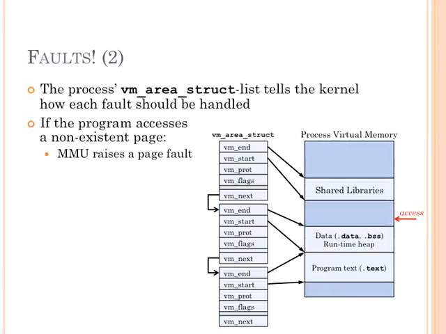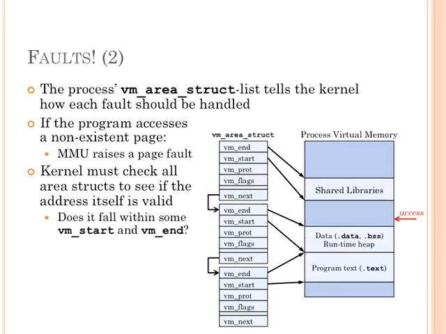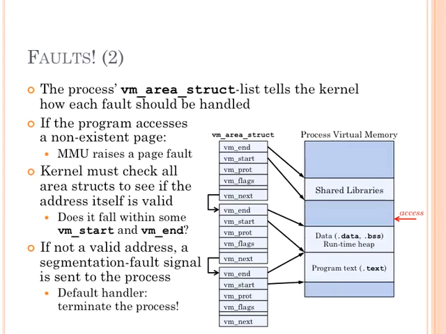So if I have an access and it's outside, then obviously the MMU is going to see that the present bit is 0, so it'll fault into the kernel, and the kernel will scan through the VM area structs and say, this address doesn't correspond to anything in this process's address space. Therefore, it's invalid. That's how it tells. Does it fall within some VM start and VM end? If not, then it says, all right, that's an invalid access.